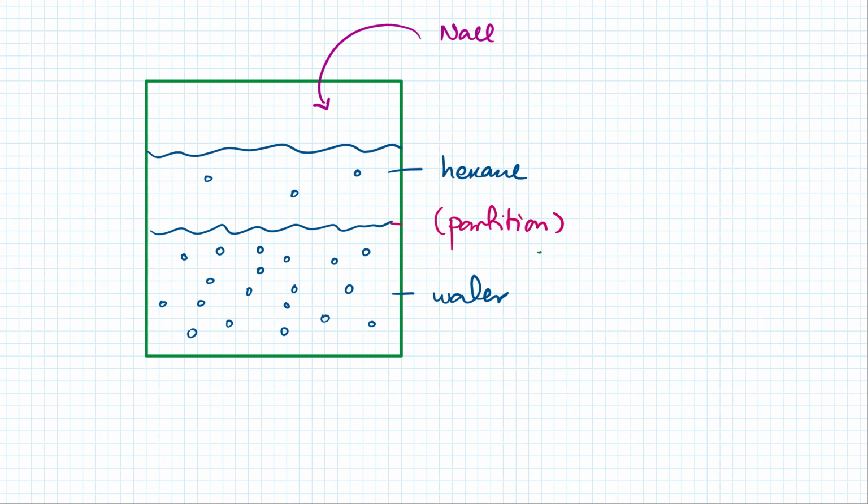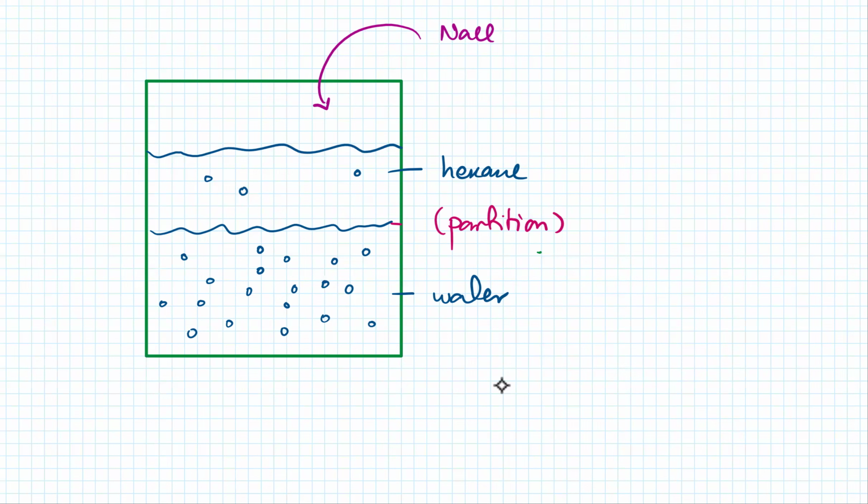Now, this is the current picture. But the thing is, it's a dynamic system. What that means is that the particles of NaCl will constantly be crossing the partition because they're not stationary. This particle over here is randomly moving around, right? So it might cross the partition and end up in the hexane layer. The NaCl particles in the hexane layer would be moving around and might cross the partition and move into the water layer.